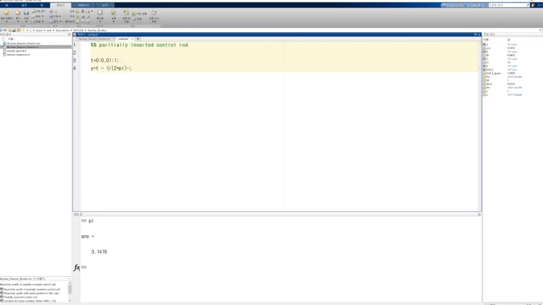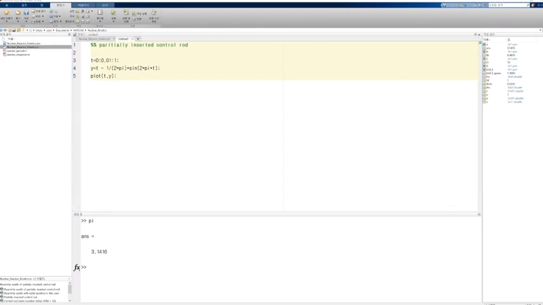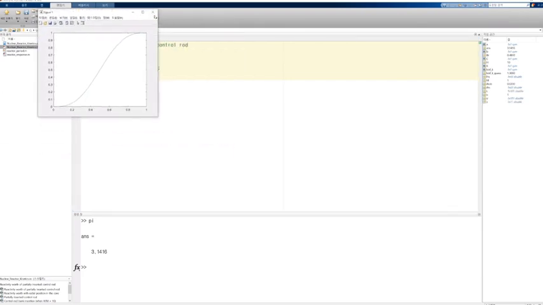So t minus 1 over 2 pi multiplied with sine of 2 pi t. Then if we plot t over x, t and y, of course we can get this figure.